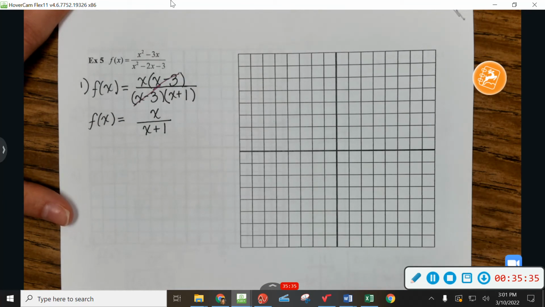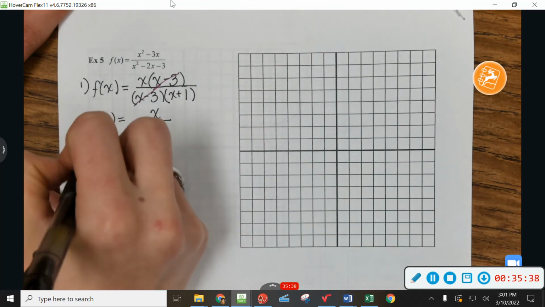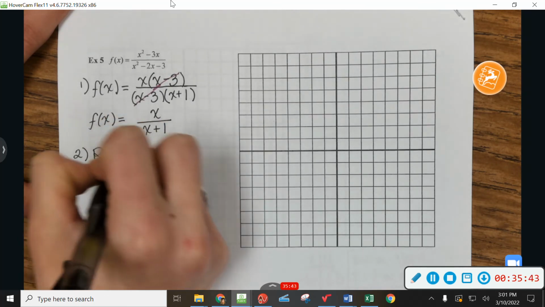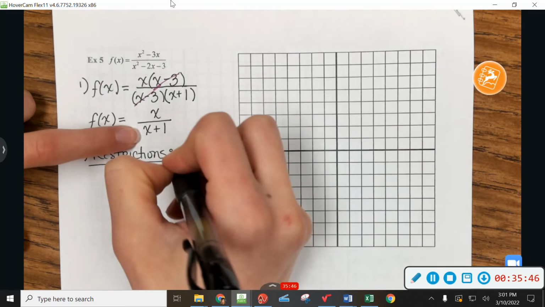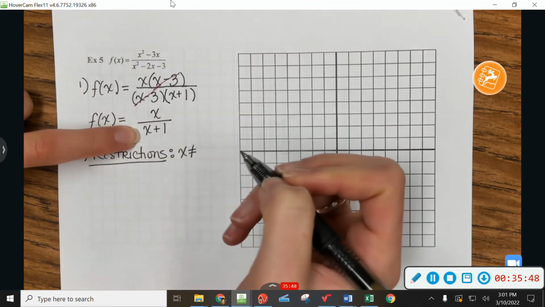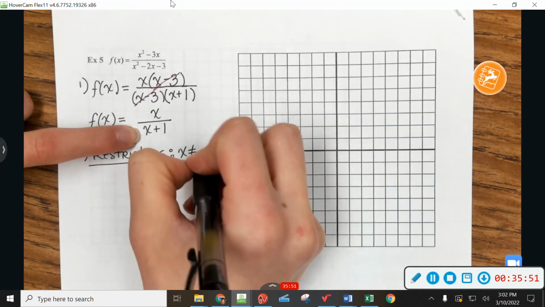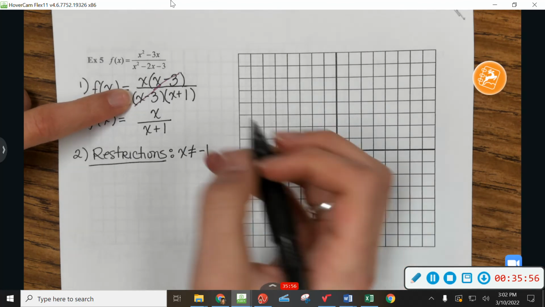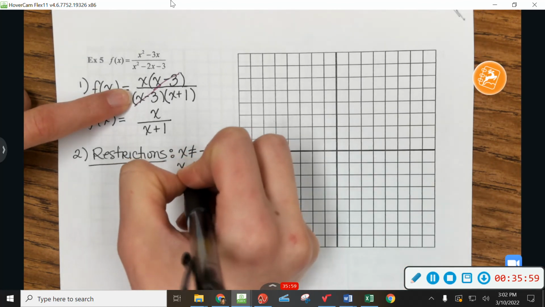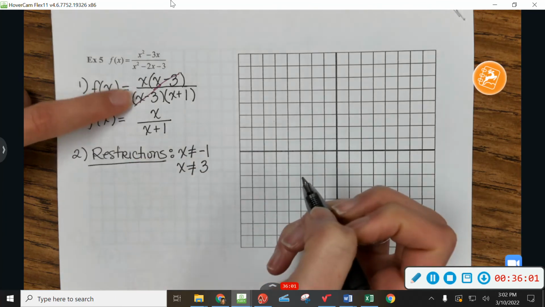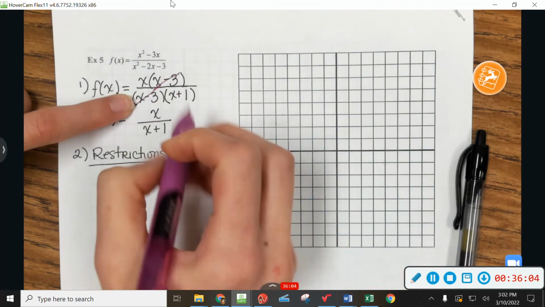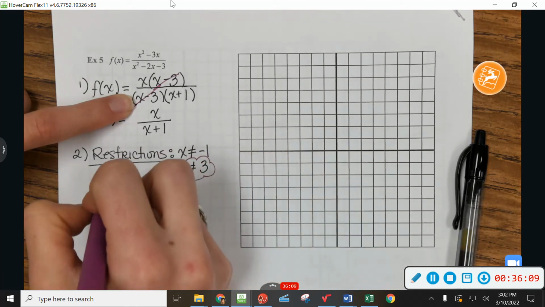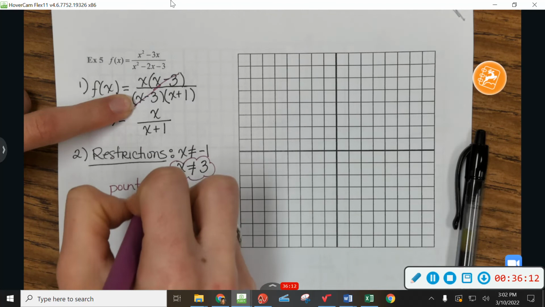Okay? Now, when I do my restrictions on the domain, I know from this, x cannot equal negative 1. But I have to also consider what I took out. x cannot equal 3. Now, what is that x equals 3? Y'all remember what it's called from last class? That's my point of discontinuity.